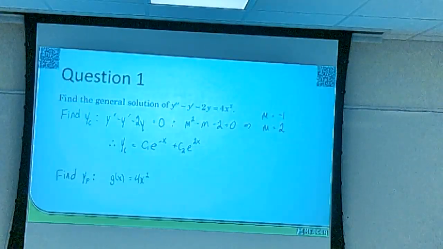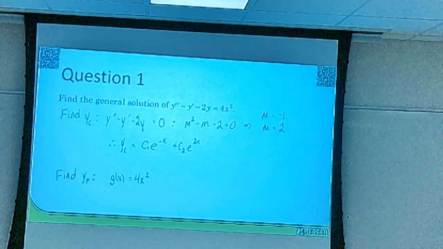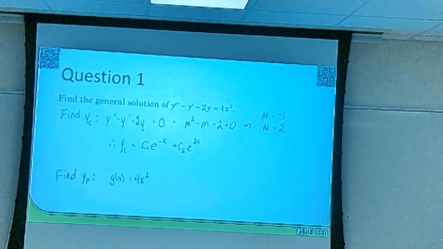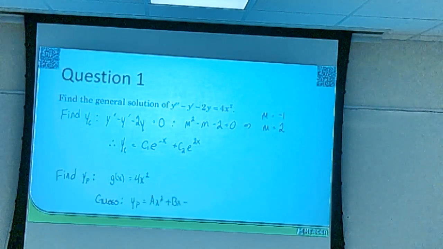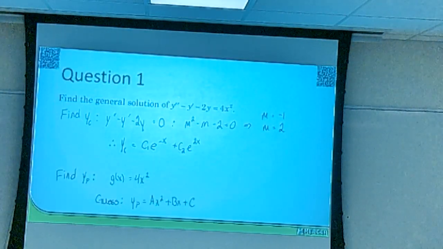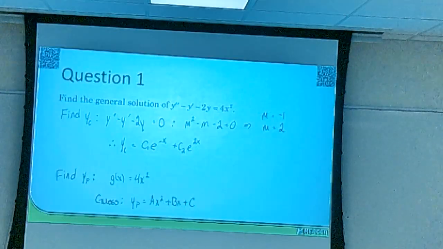That is a polynomial. What's the degree? 2. It's a quadratic. That's a form of a general quadratic, ax squared plus bx plus c. That's the form we picked for the particular. What we now have to do is find a, b, and c.